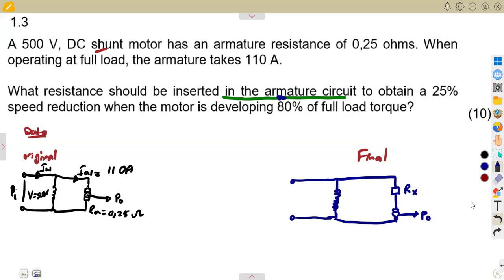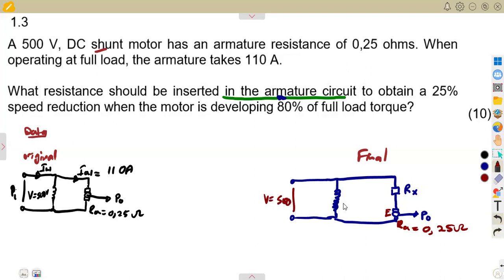Your P out, as we know, you're going to have the generated EMF, but there is a resistor connected in series in the armature circuit. So the resistance of the armature is now affected. We are going to have its original value that was given as 0.25, but there is another resistance connected. This will add in series. Okay, so V, which is 500, does not change.